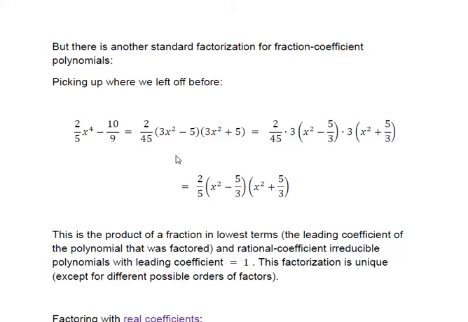Now, these non-constant integer coefficient polynomial factors have leading coefficients, which we can factor out, and rearranging, we get a new factorization where we have the leading coefficient of the original polynomial multiplying a product of non-constant, irreducible fraction coefficient polynomials with leading coefficient equal to 1. This factorization is unique except for different possible orders of factors.